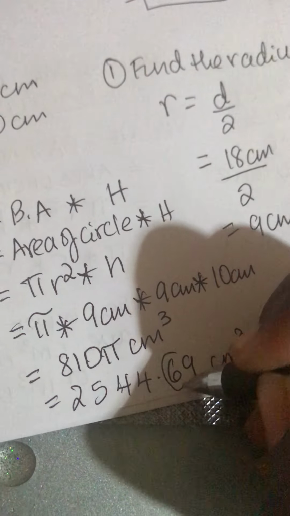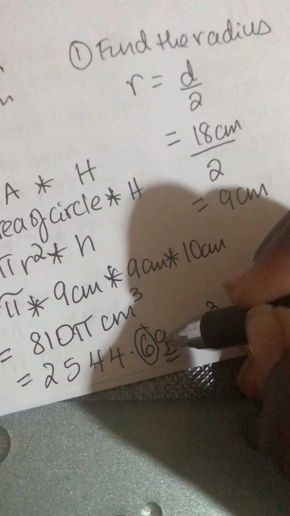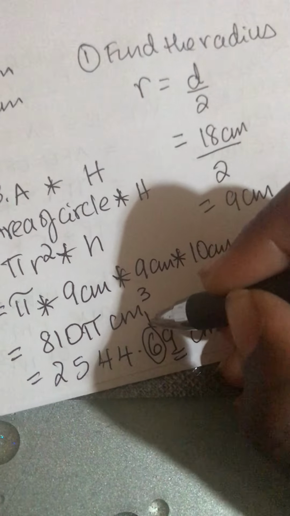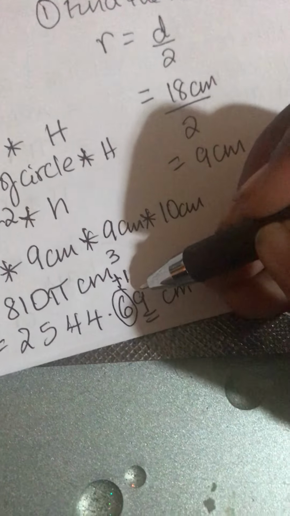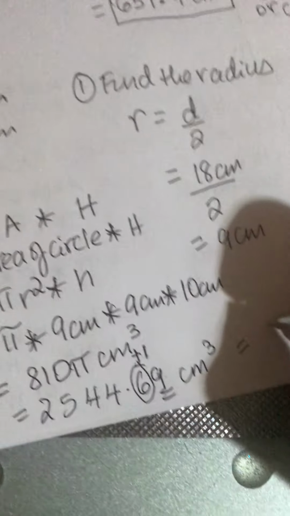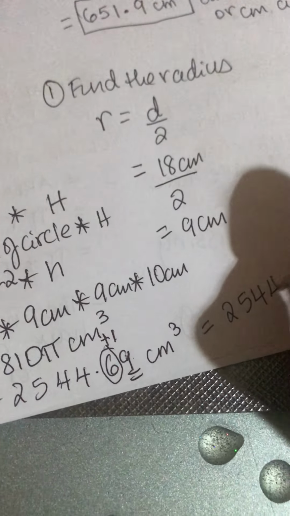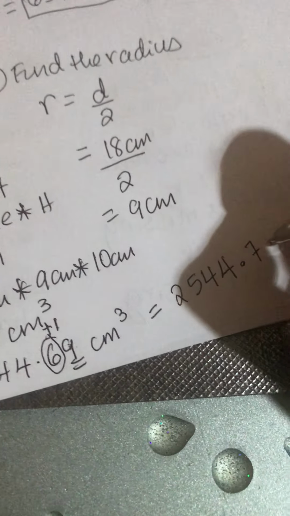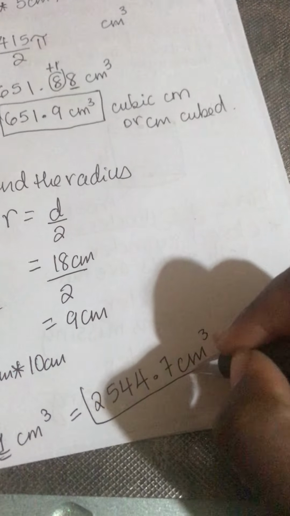That means I circle the 6, I underline the 9. 9 is greater than 5. This number is 5 and more. So if this number is 5 and more, I add 1 here. And my answer is 2,544.7 cubic centimeter. And I box my answer.